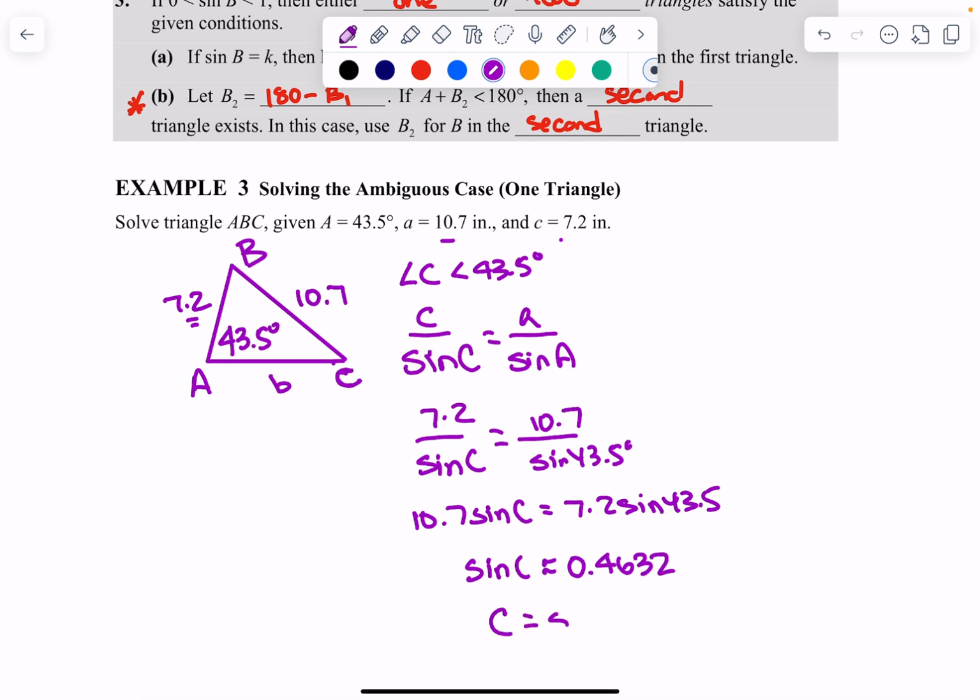Which means that if I know the sine, I need to use the inverse sine to get the angle. And again, let your calculator carry the decimal places. So I need the inverse sine of that answer, and I find out the angle C is approximately 27.6 degrees.